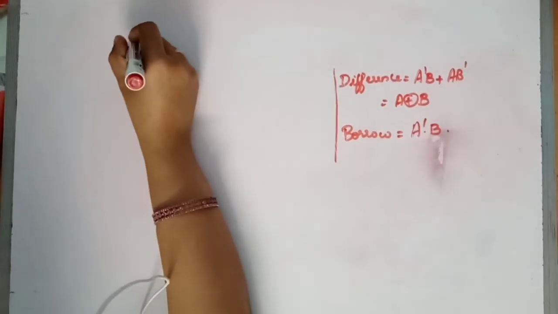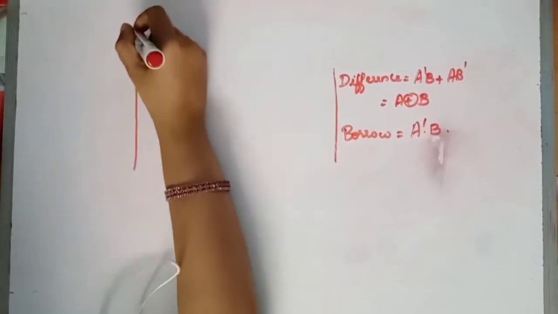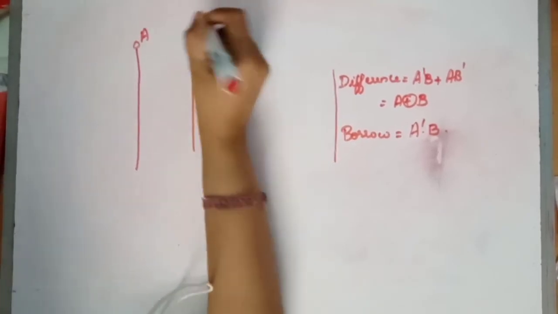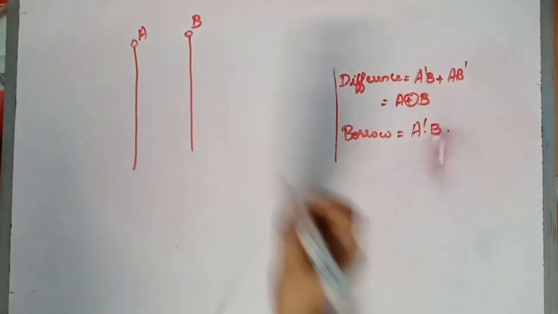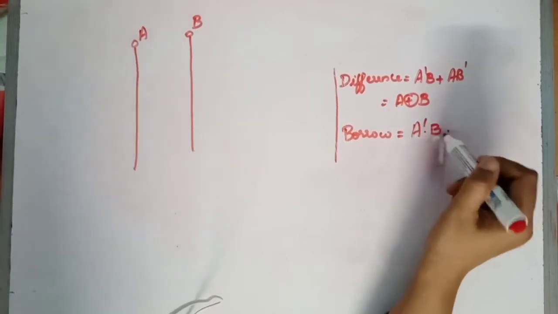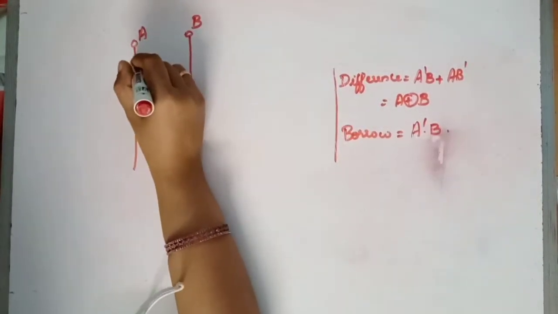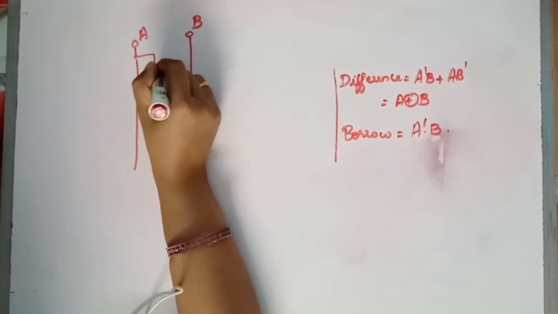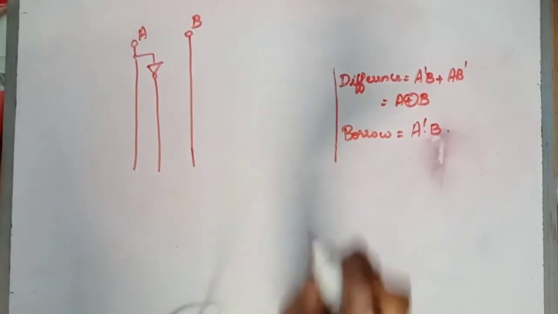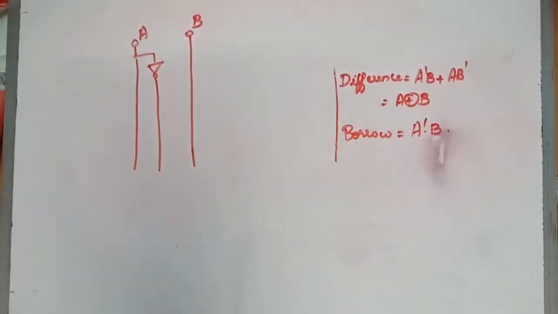So you have two inputs, A and B. So you have A XOR B, but here you have A bar B. So you'll need a NOT gate. You have to see whether there are any complement inputs, so that you know if you need a NOT gate.